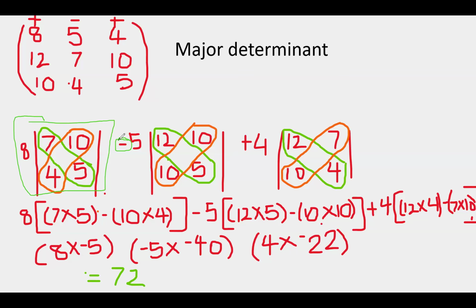Always remember that the values in the middle have a negative sign above them. Please remember this, because once I write a positive here, let's say in front of my 5, it makes all my workings wrong, which will give me a wrong value for the determinant.